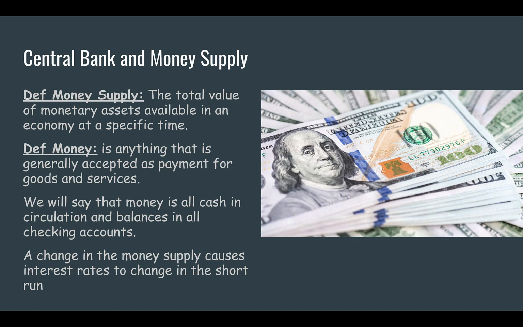And the central bank is the government's bank that's responsible for enacting monetary policy, with changes in money supply and interest rates, to change aggregate demand, to achieve economic objectives, usually unemployment or inflation. The reason they would change the money supply is to change the interest rate, to change aggregate demand, and then achieve an economic objective.